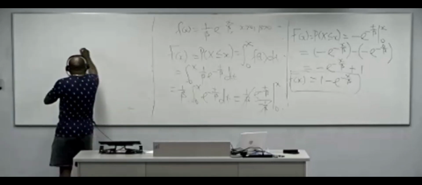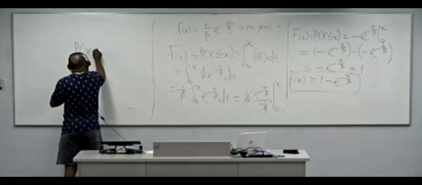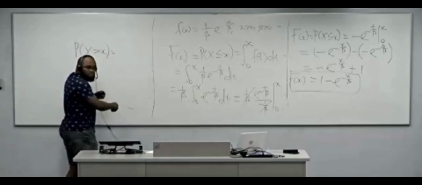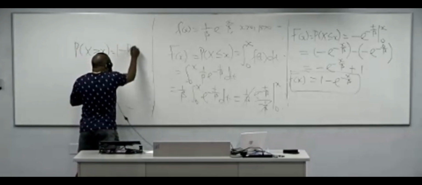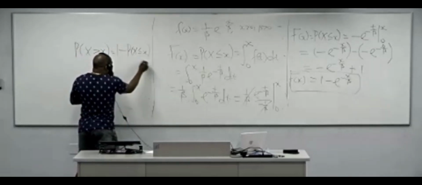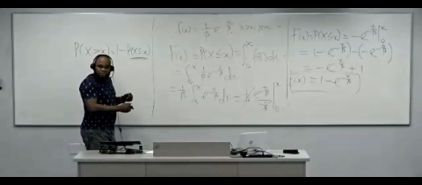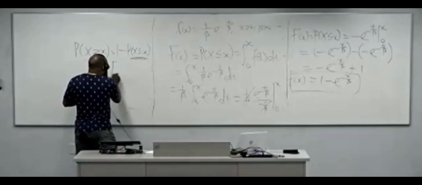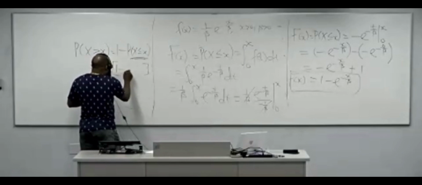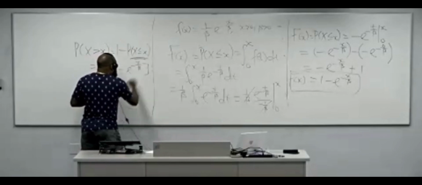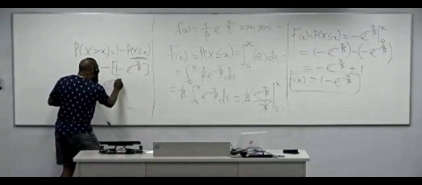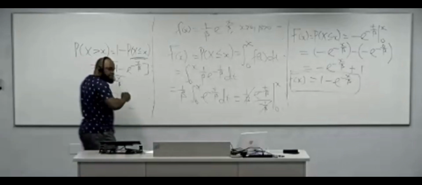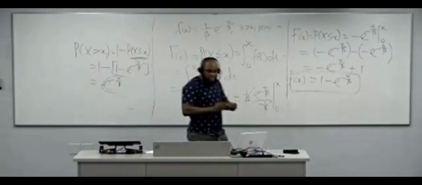In that situation, you want to find 1 minus the CDF. So if that time follows an exponential distribution, it's going to be 1 minus what we just derived. Automatically, this is going to be that. Take a look at that.